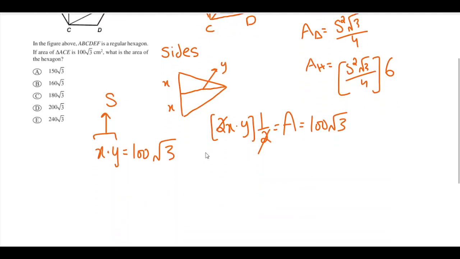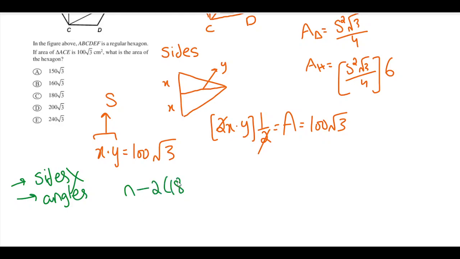Right over here. Okay, let's just use green because it's getting a lot of orangish over here. So now I know for a fact that sides are simply not helping me. Probably what I need to do is go for the angles, okay? Since we're in regular polygons. So I was like, okay, why don't I consider the angles? There's this internal angle formula: n minus 2 times 180, and you divide that by n.